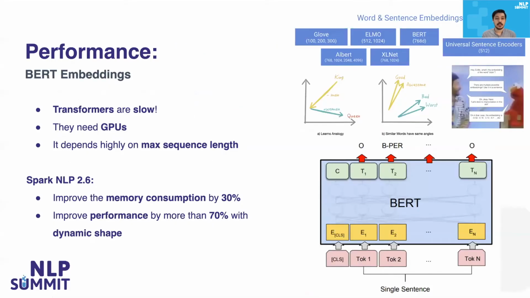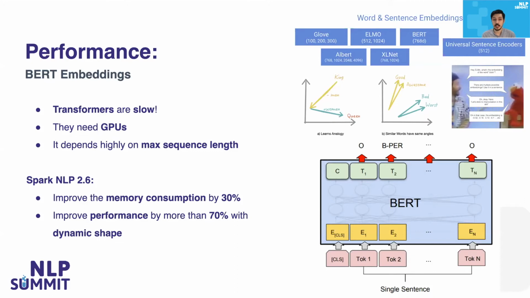BERT Embeddings is a member of the Transformers family, a new language modeling approach that generates contextualized embeddings by considering the context of the document, in the simplest definition. Transformers are slow by nature, and because they have so many encoders and so many layers before they extract the features or predictions, they all require a good GPU to accelerate the speed, and the length of the text being fed into their layers highly impacts the final performance.